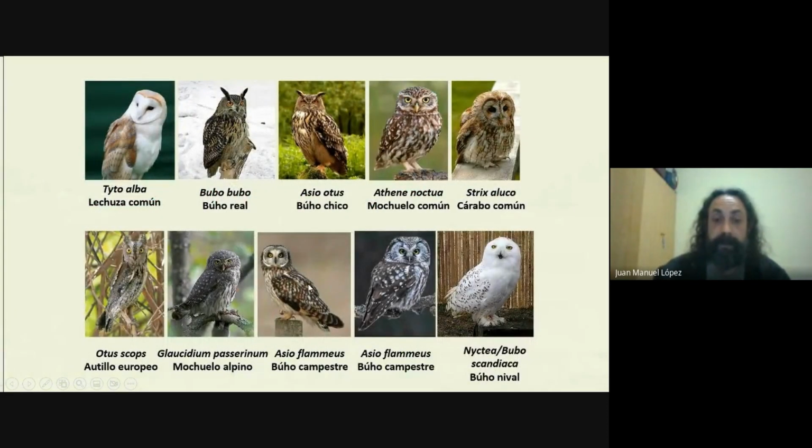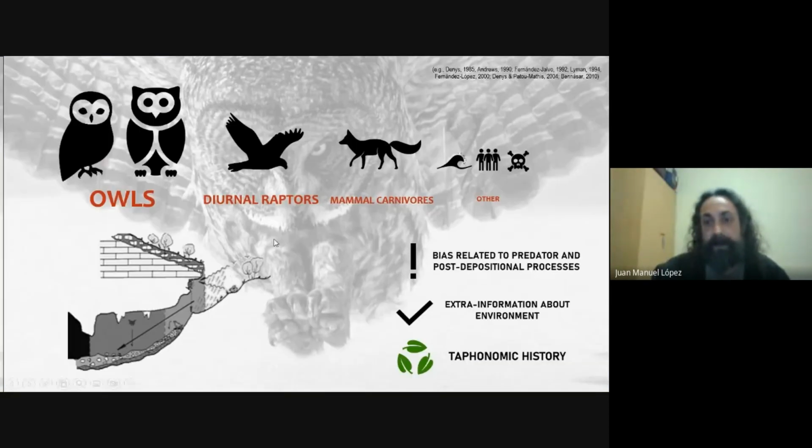After, there are other reasons, for example, natural death, because sometimes we can find in some sites anatomically connected species or fragments. If you find a small mammal, I don't know, a vole, for example, in connection in an archaeological site or inside a cave, it's for natural death.